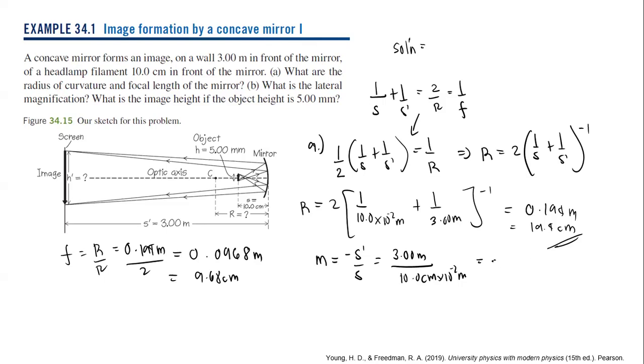So we have 30 meters. So we have negative 30.0. The meters cancel. So that is the lateral magnification. What is the height of the image if the object height is 5.0 millimeters?